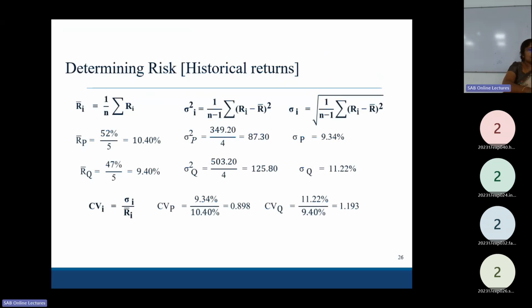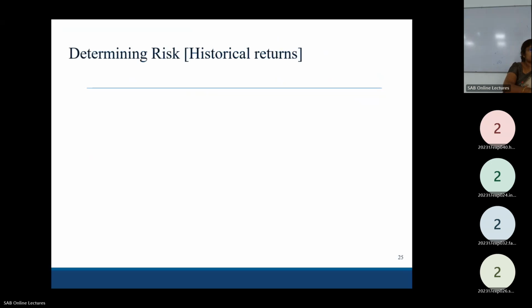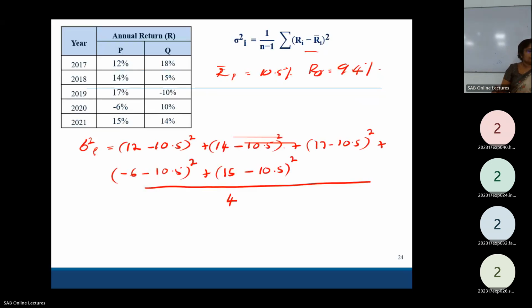So the variance of stock P is how much? 87.3.